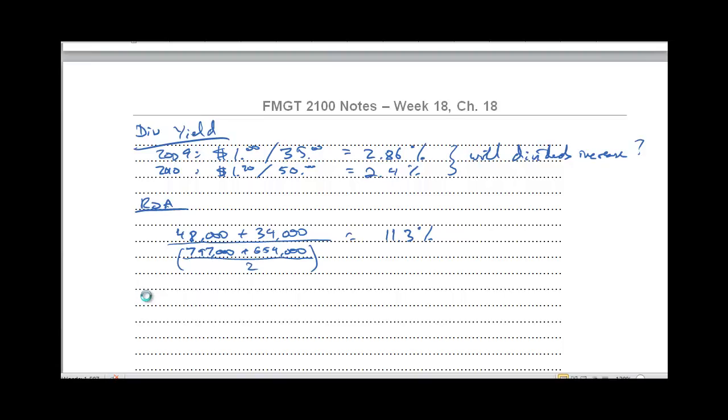The next ratio we're going to look at is the return on equity, ROE. Again, this is net income minus preferred dividends divided by the average common shareholders' equity.